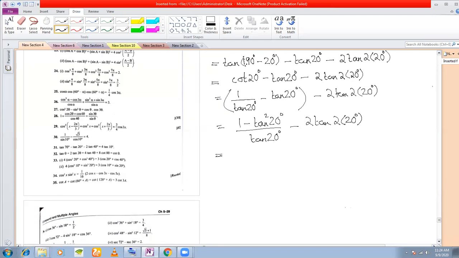Now you know that tan 2 theta is 2 tan theta by 1 minus tan square theta.